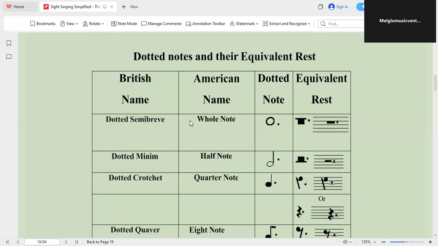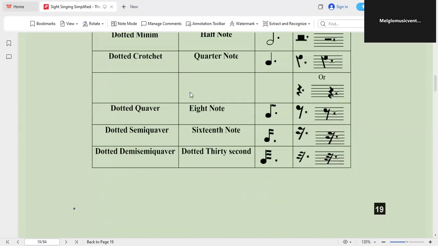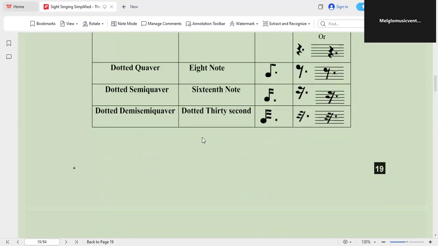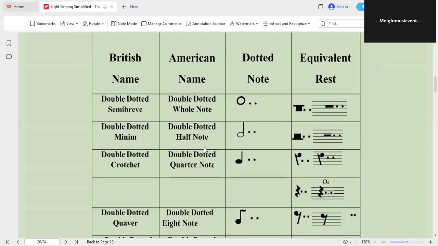The dot here also goes for this whole note. So this is dotted semi-brief, dotted whole note. You can see other notes in that table. The same rules also apply to double dotted notes. So this is 7. The rest here, because it has double dots, is also 7.